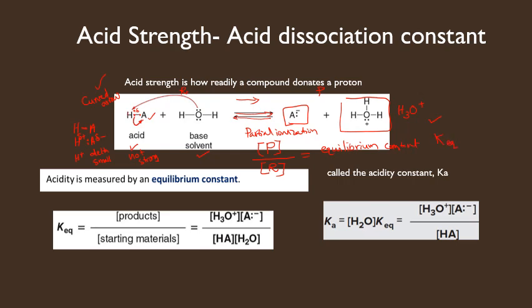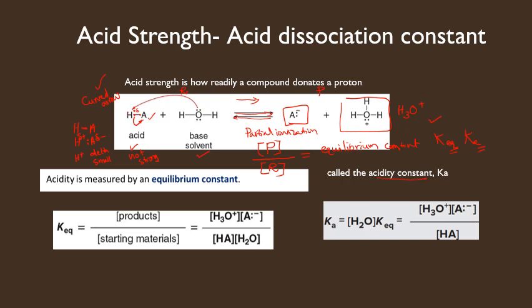Since it is for an acid, it is Ka, where A stands for acid. That is called the acid dissociation constant, or simply the acidity constant. We write product over reactant.